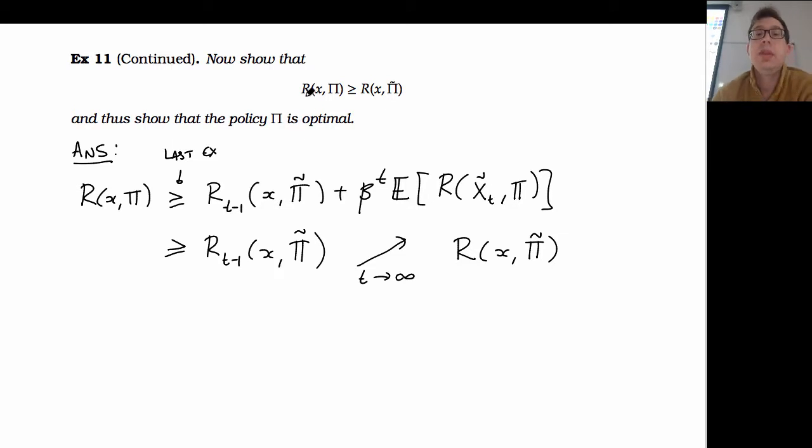So now we know that if my policy satisfies that Bellman recursion, that Bellman equation, then it's better than any other policy. In other words, it has to be optimal.